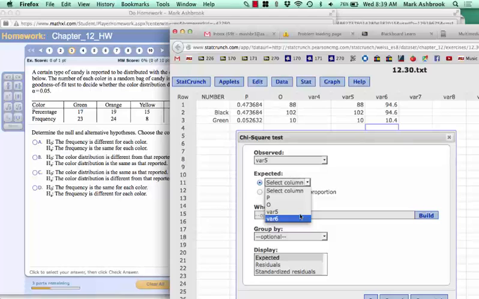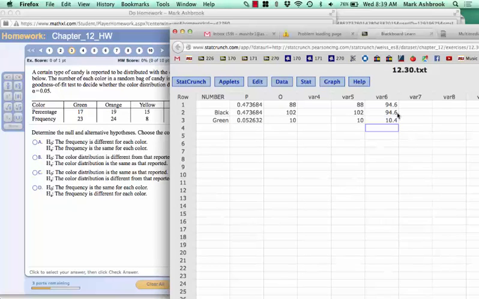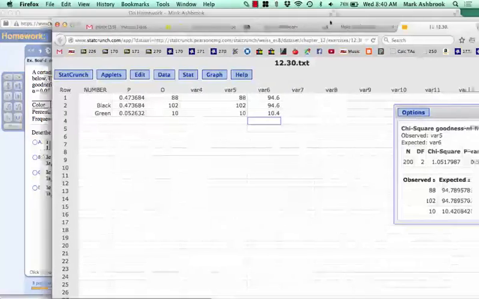Let's just see what happens. They want it as percentages, right? This isn't going to work. Okay, remove this. There we go.